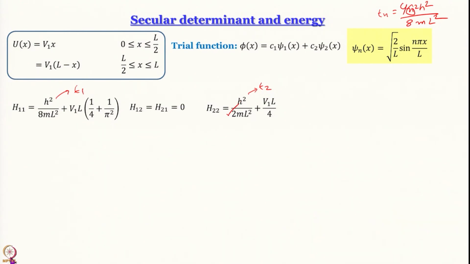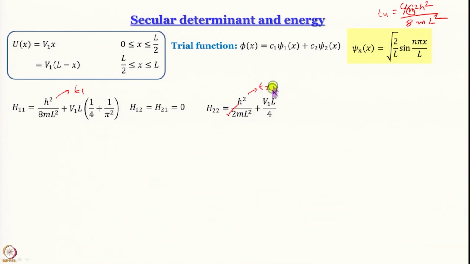The first matrix element that we get, H11, is essentially the energy of particle in a box for V equal to 0, plus, remembering what we learned in perturbation theory, a correction term, provided V1 is very small.